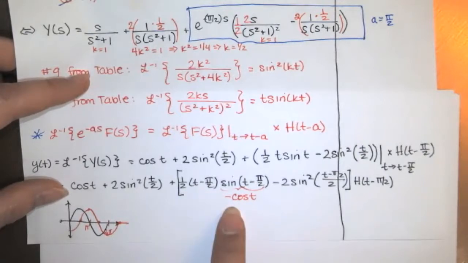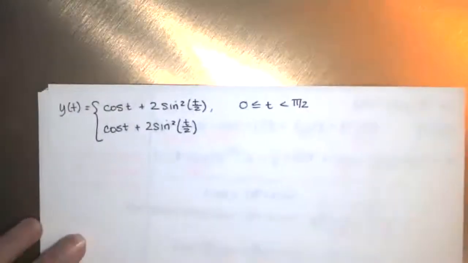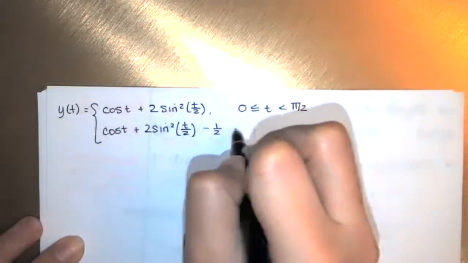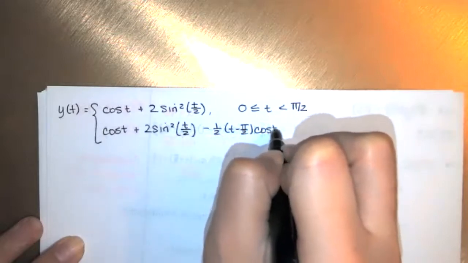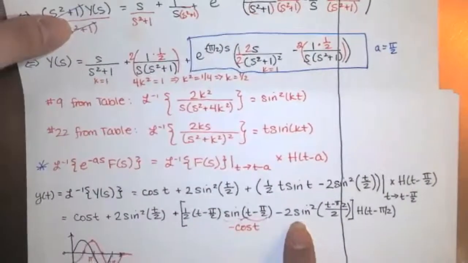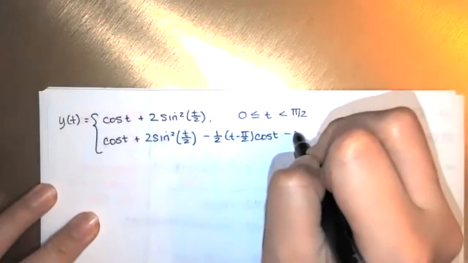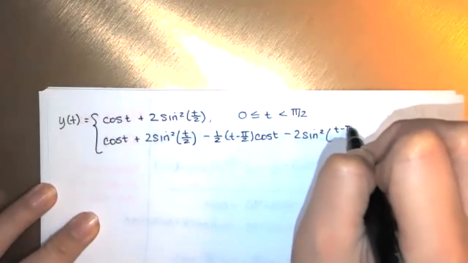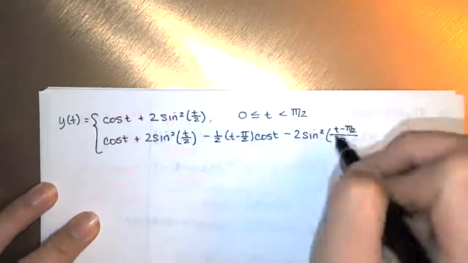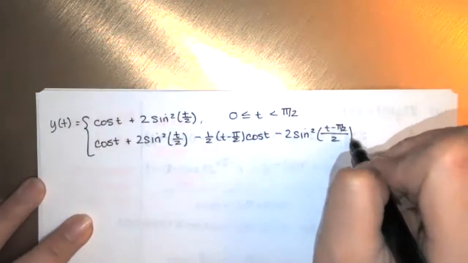So I'll have negative 1/2 times (t minus pi over 2) times cosine of t. And then this is just a negative 2 times that sine squared of (t minus pi over 2) over 2. So you could call that t over 2 minus pi over 4 if you wanted to.